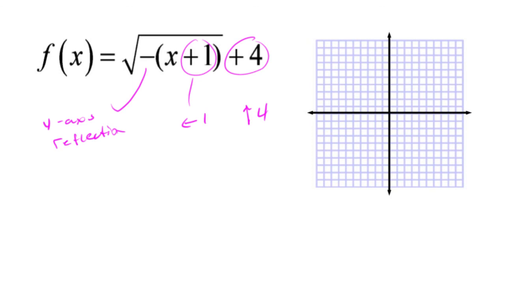And something to point out with these y-axis reflections, I'm not going to put these on a test or anything probably, but I may as well talk about it. If you were to see this in a simplified form, it would look just like this, right? Because you distribute the negative. So then you would think, oh, there's a negative sign here, so it would be a y-axis reflection.